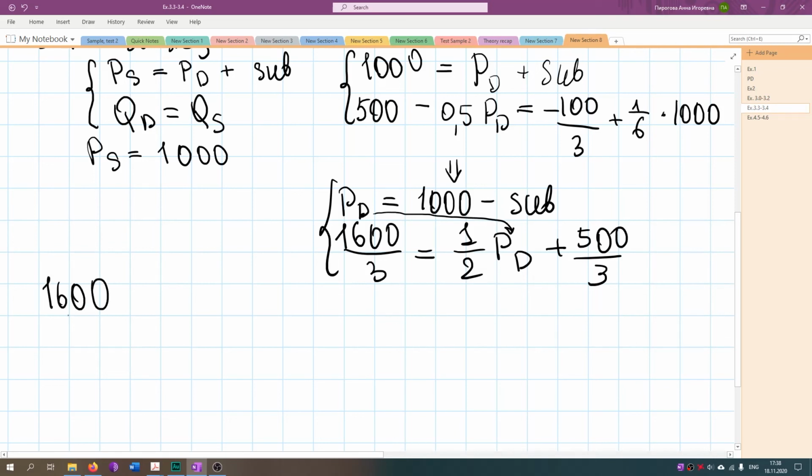So 1,600 divided by 3 is equal to 500 minus 0.5 subsidy, because we take only half from this equation, plus 500 divided by 3.